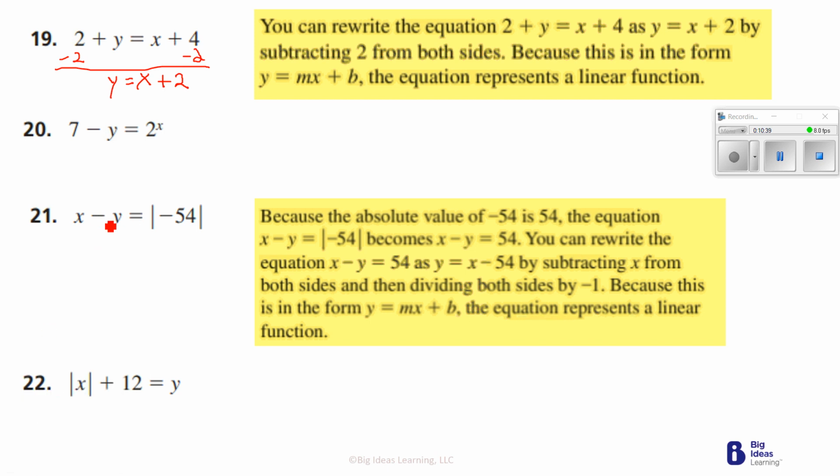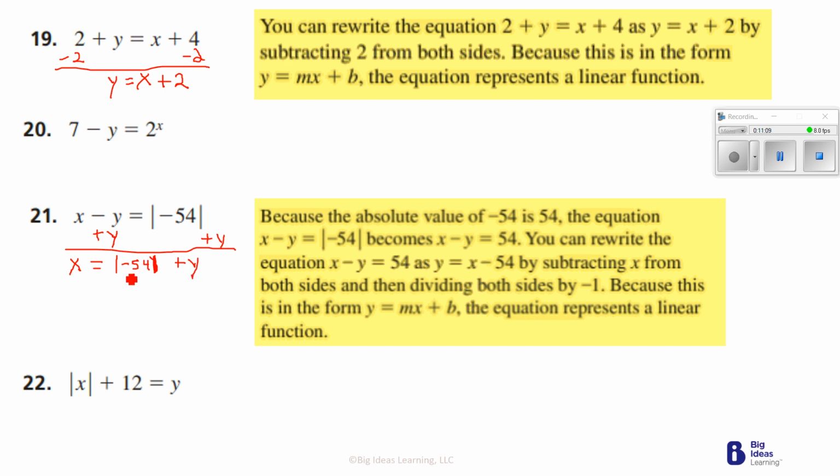And this is exactly what they did here. They added y to both sides. Now this is x equals the absolute value of negative 54 plus y.